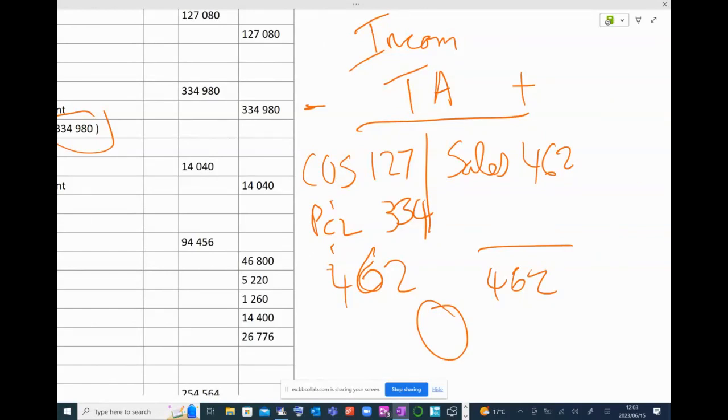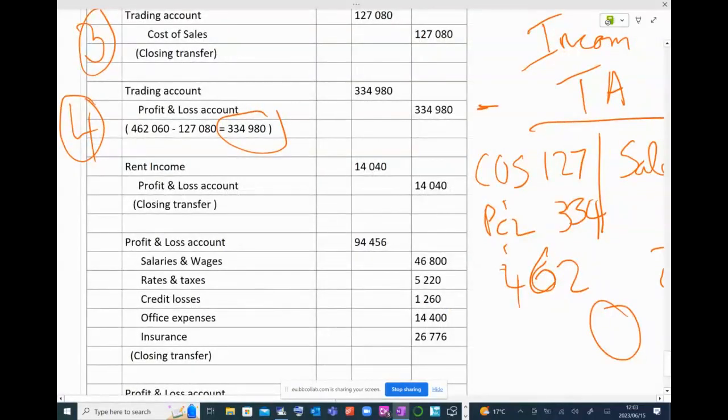You guys will calculate that. You can even calculate within here: put in brackets 462 minus the 127, and there you go. Does that make sense? I hope so. Guys, trust me, practice this. This is easy if you understand what's going on.